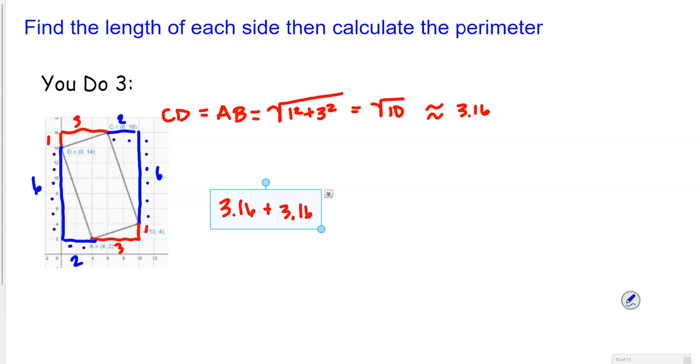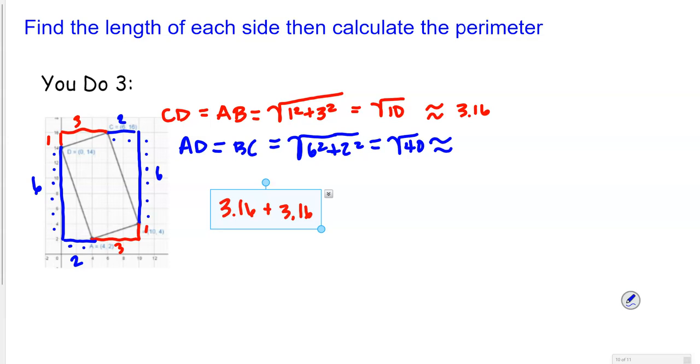So for AD and BC, AD is equal to BC. How do we know that? Because they're the same numbers, right? So we're going to take the square root of 6 squared plus 2 squared. So that's going to be 36 plus 4, which is 40, square root of 40. And again, we're going to round this because we're trying to find the perimeter, right?